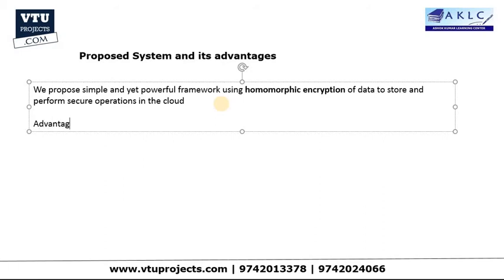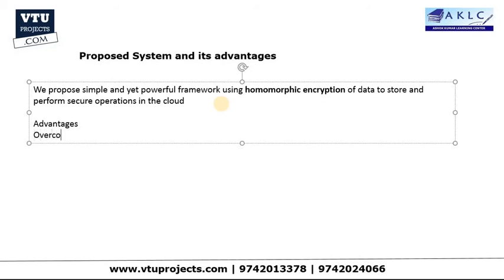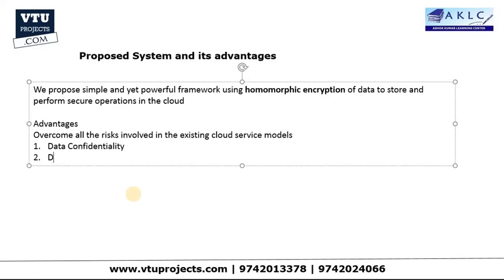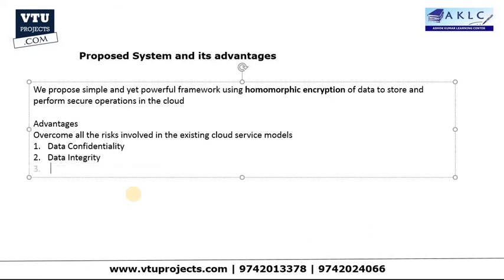The advantage provided by our project is that it will overcome all the risks involved in the existing cloud service models. In the previous slide we understood the 3 risks involved in the existing cloud service model: number 1, data confidentiality, number 2, data integrity, and number 3, data availability.